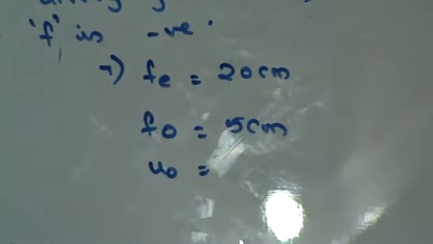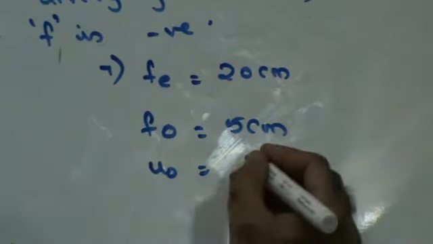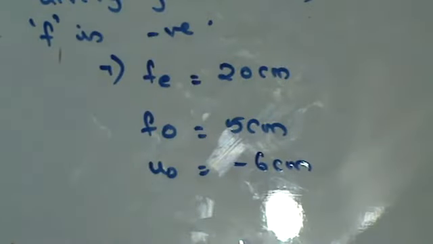If the object is placed at 6 centimeters from the objective, find the magnification produced.